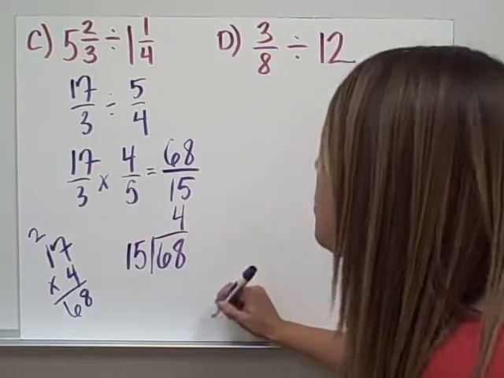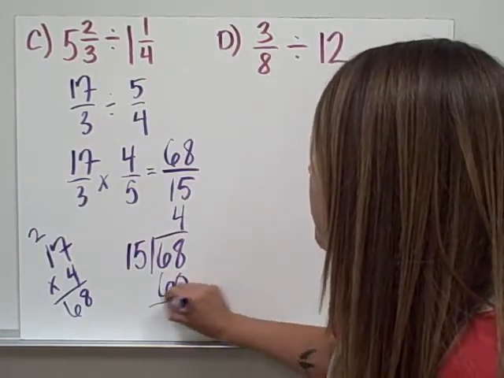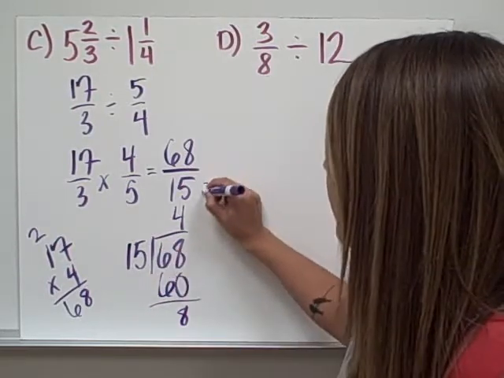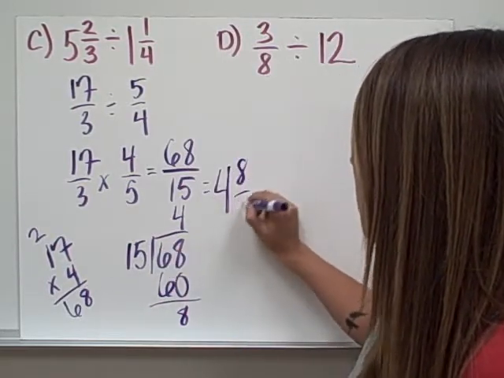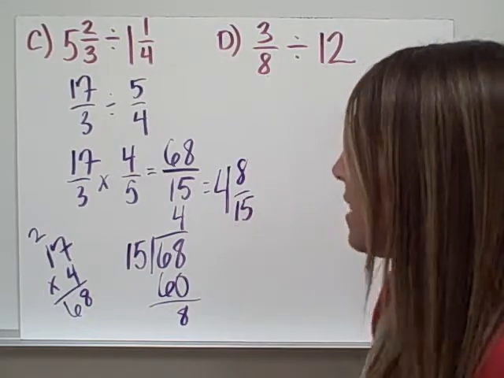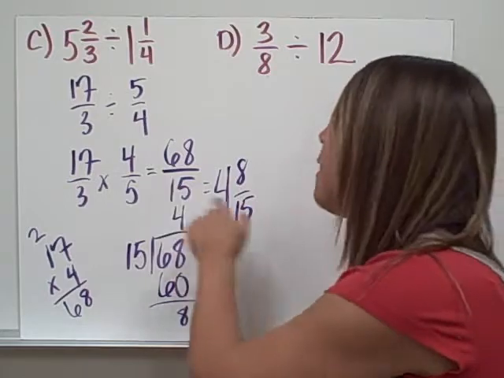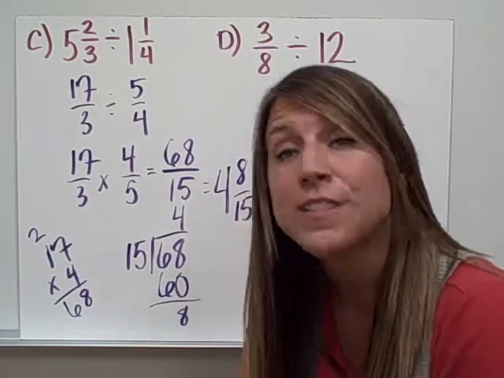So that's going to be 4, and so that's 60 with 8 left over, 4 8/15. Can 8/15 be simplified? No, it cannot. So that is going to be our solution, either 68/15 or 4 8/15.